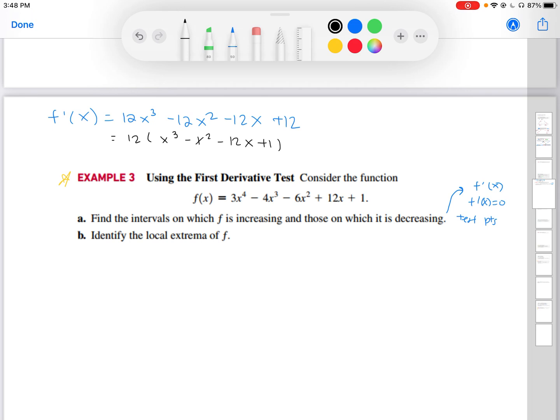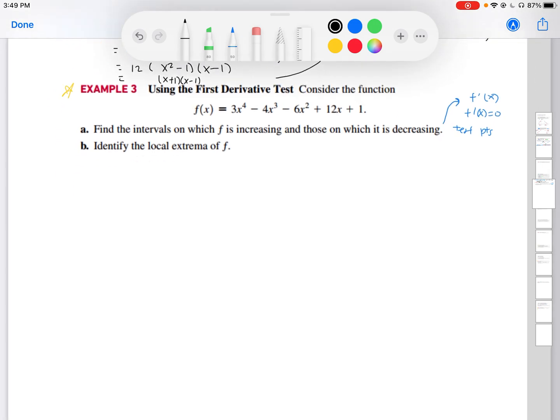And then we can continue to factor by grouping. You get 12, and we're left with x squared minus 1, x minus 1. That factors to be x plus 1, x minus 1. So we can write our derivative to be f prime of x is 12, x minus 1, we have 2 of them, so squared, and x plus 1.